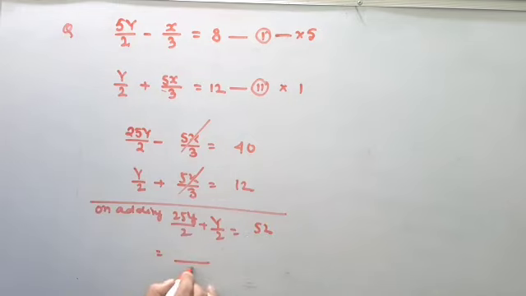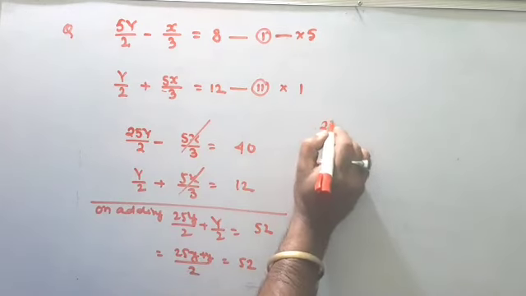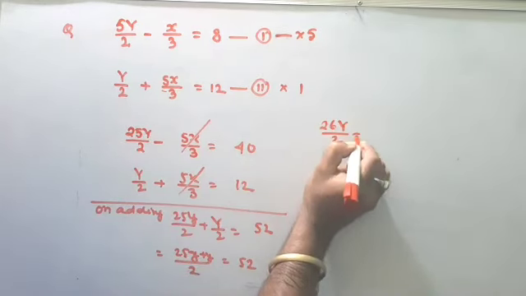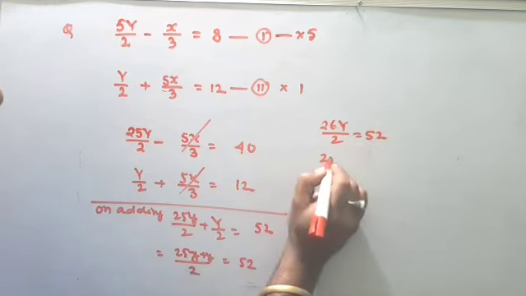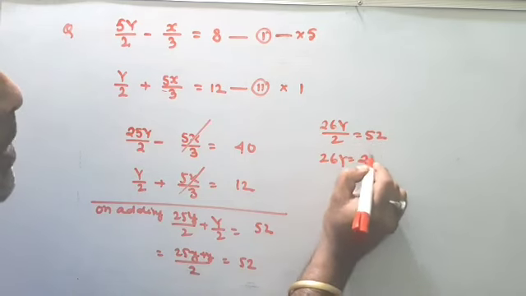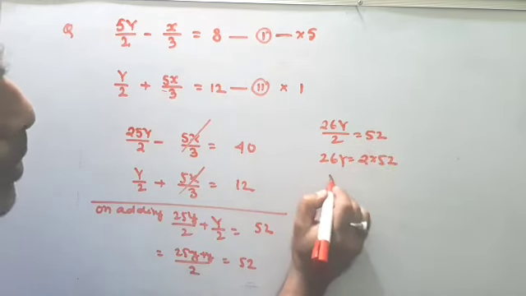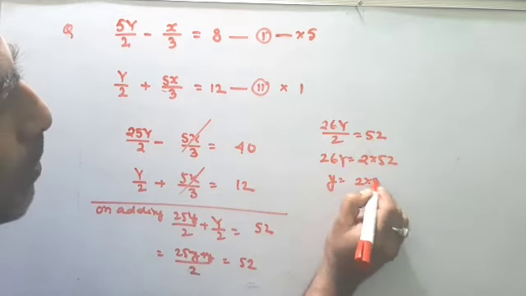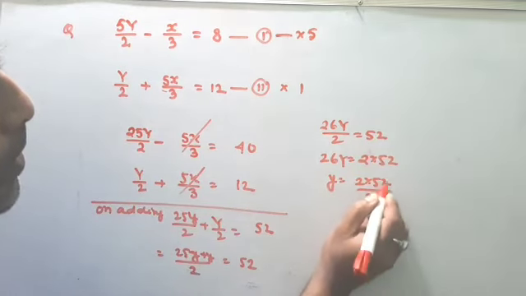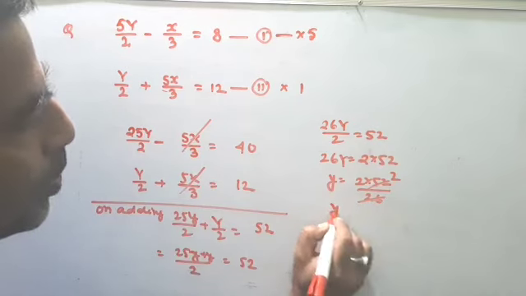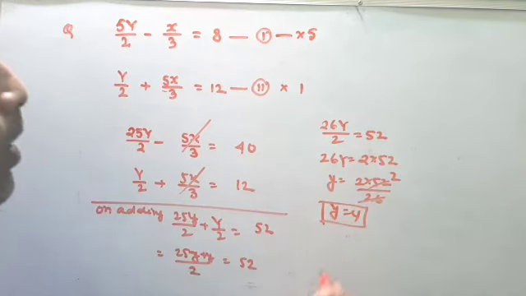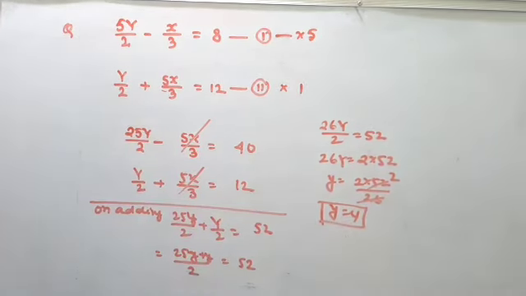Here the LCM is 2, so 25y plus y is 26y by 2, which is equal to 52. So 26y is equal to 2 into 52, so y is equal to 2 into 52 by 26, which is 4. The value of y came, y is equal to 4.